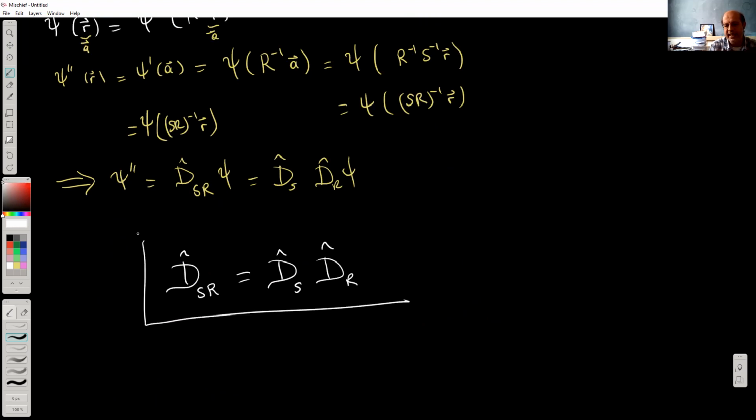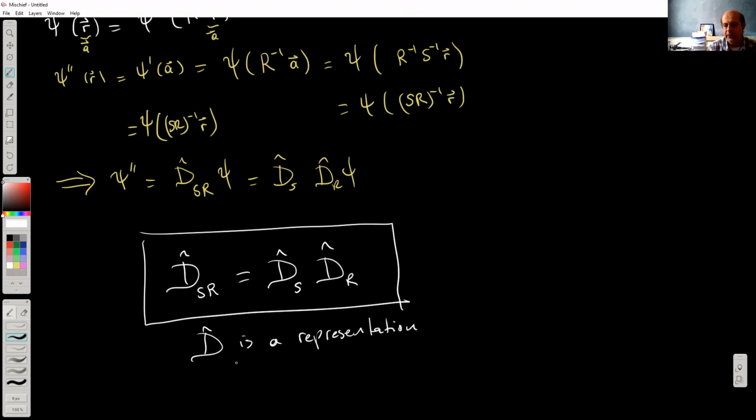Yes, that D thing is actually a representation. If you remember, we have defined the representation like that. This is a homomorphism. Sorry, do we call this homomorphism? Yeah, I forgot the term actually.